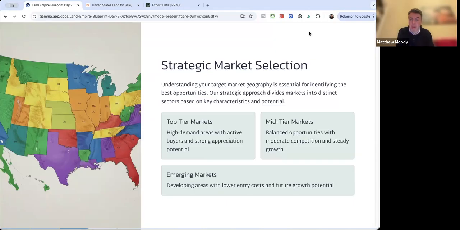They're still quite low entry cost to get into, but also there's growth potential there, because certainly one of the things I experienced after being out in the States for nearly 2 months is the energy, the amount of construction going on, the amount of new roads being built, houses, and all of that leads to opportunities for us as land investors, because people need somewhere to go, whether that's to build themselves or to obviously sell to a builder. So very important that you get the right market.